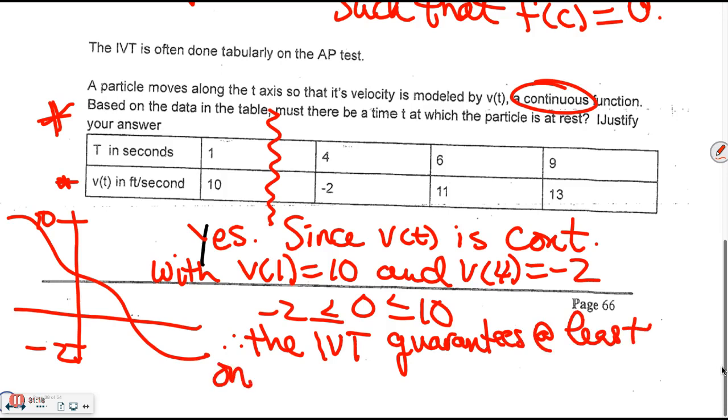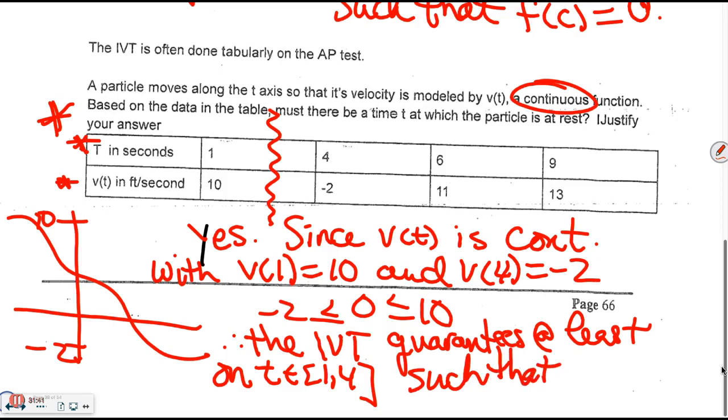Now this is at least 1. Oh, we've been using c up there, but our x-axis here is time. So at least 1 time, right? Actually, from 1 to 4, there's actually got to be another one between 4 and 6, but it just said at least 1. All right, so such that the velocity equals 0. We are done.